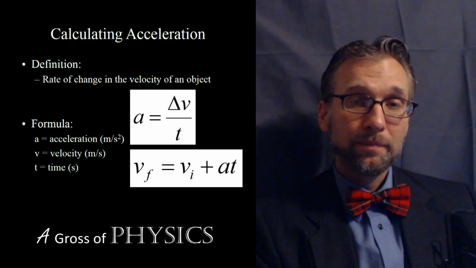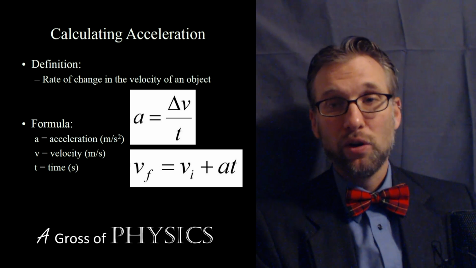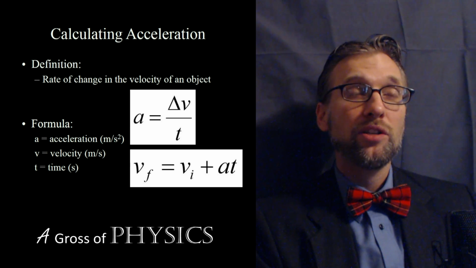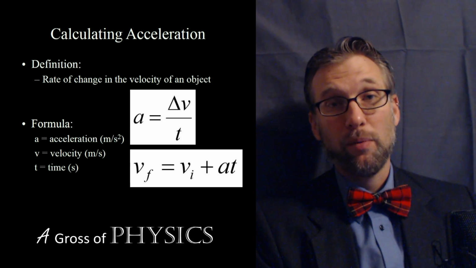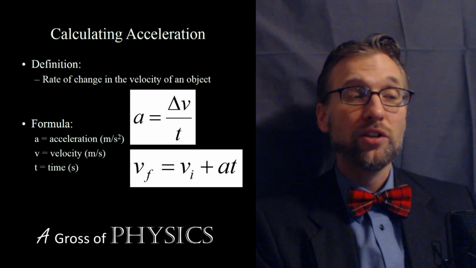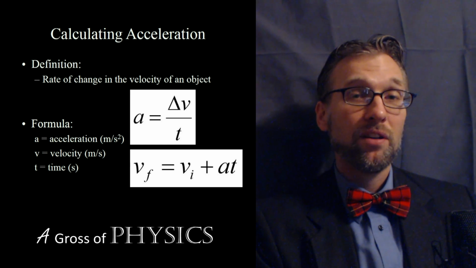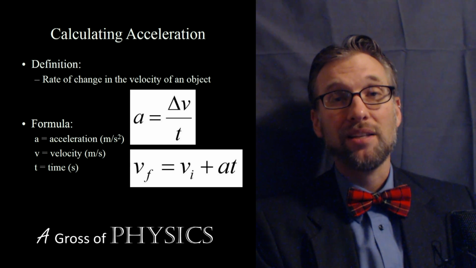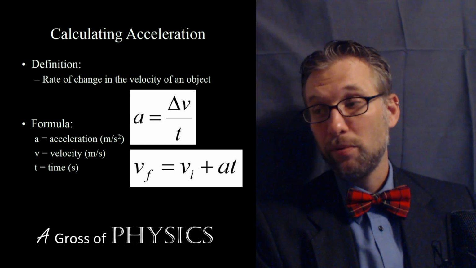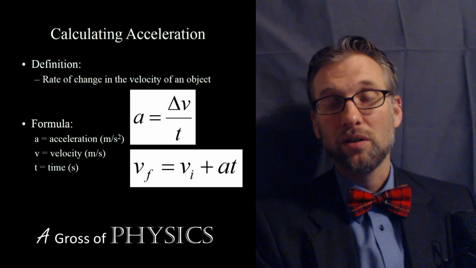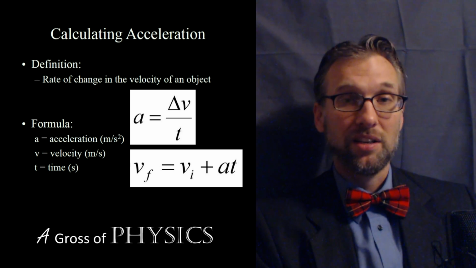Now, for some reason, we take this equation, delta v over delta t, and rearrange it to fit within our reference table. So on the reference table, the equation is rearranged so it's vf equals vi plus at. I guess it costs more money to put equations in fractional form than in a single line.